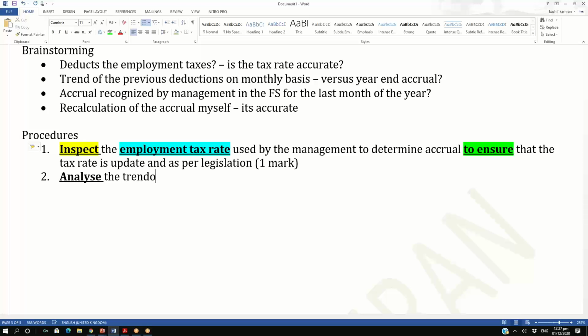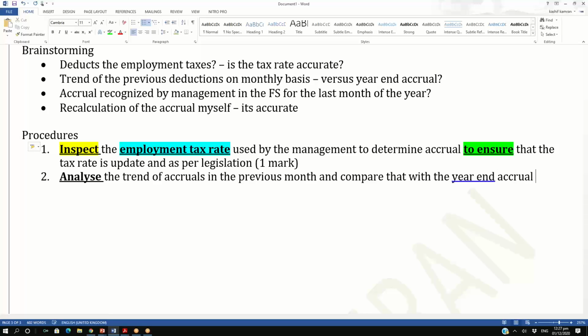Analyze the trends of accruals in the previous months and compare that with the year-end accrual, to confirm whether there is any significant fluctuations or not.